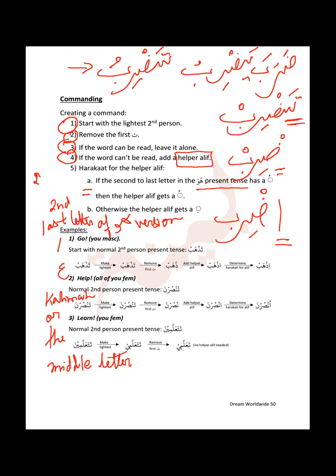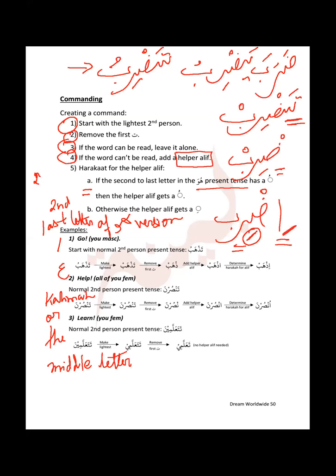So here, the middle letter or the second last letter is ra, and it has a kasra. According to this, if you have a dhamma, then you'll place a dhamma on the helper alif. Otherwise, both in the case of kasra and that of fatha, you will put a kasra on the helper alif.